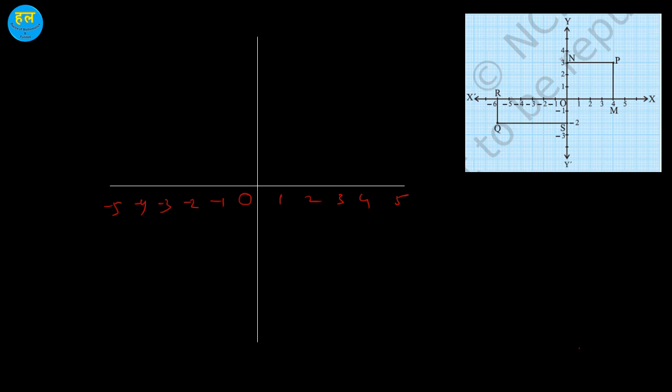Above it will be 1 2 3 4 5, and below it will be -1 -2 -3 -4 and -5. If we want to locate a point P here somewhere, first we'll find it on the x-axis.